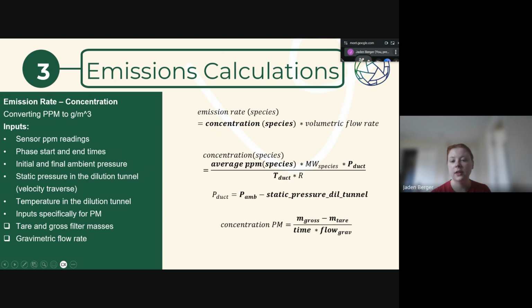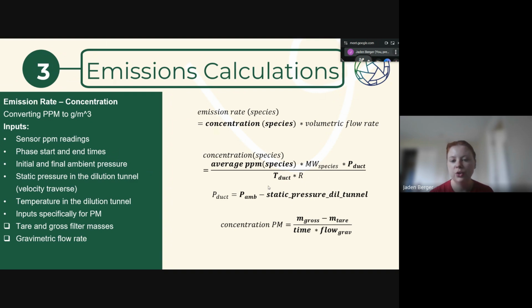So these first 2 equations, we're basically taking our parts per million and converting that to grams per meter cubed, so that's taking in our measurement, molecular weight of whatever species we're measuring, the pressure in the duct, the temperature in the duct, and the universal gas constant. The pressure in our duct is going to be determined by our ambient pressure, so that ambient reading that you take in the lab.